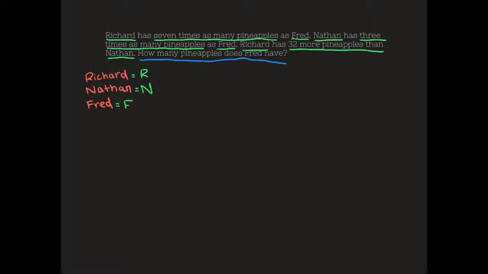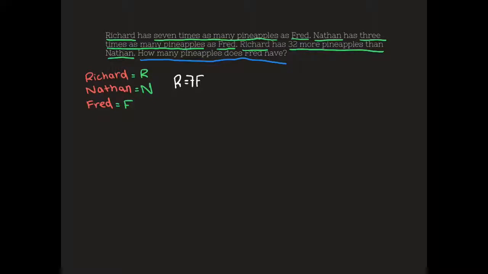We can set up our equation like this: R is equal to 7 times Fred, which means that Richard has 7 times as many pineapples as Fred. That will be our first equation.